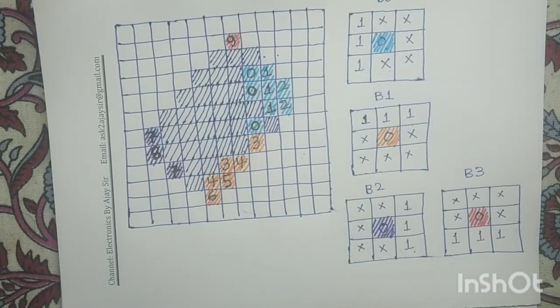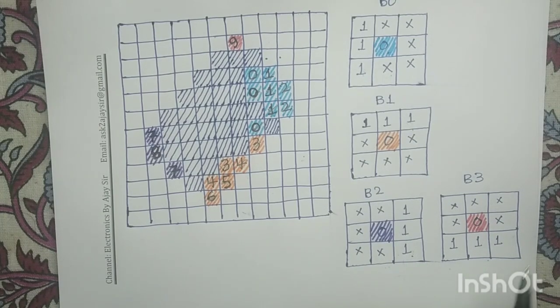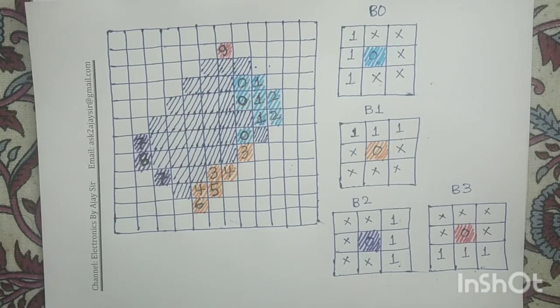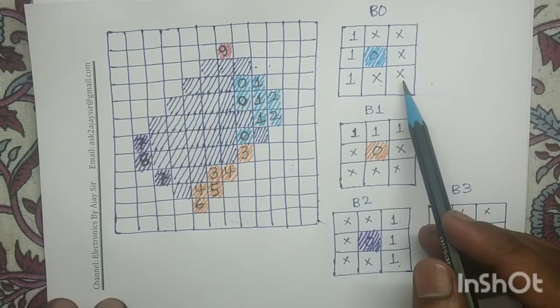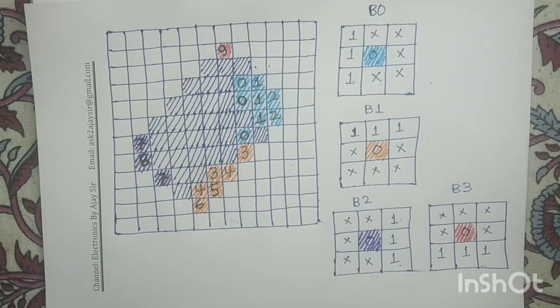Further if I apply the structuring element B3 and try to find the hit points, we will not find any new hit points. It means with the structuring element B3 our point of convergence has been reached. So far we have performed the iterative algorithm with the structuring elements B0, B1, B2 and B3.